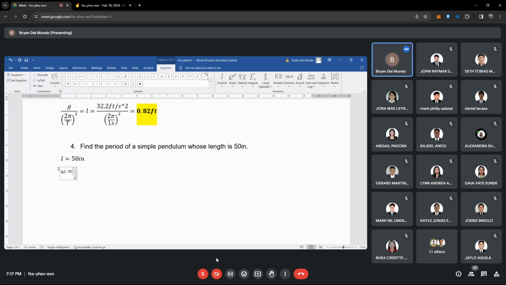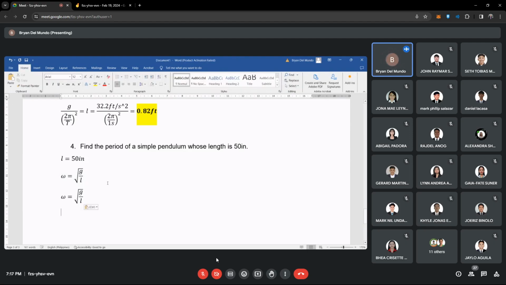So for the formula of omega n, we have the square root of g over L. So substitute the values. So we have g is 32.2 feet per second squared. Then the value of length is 50 inches.